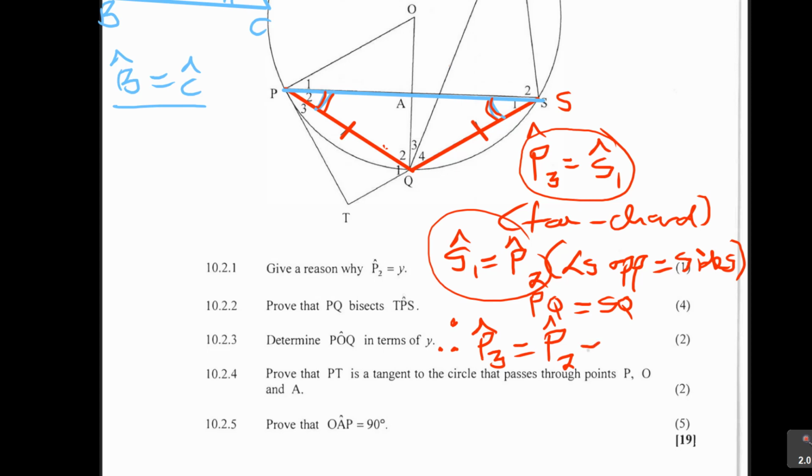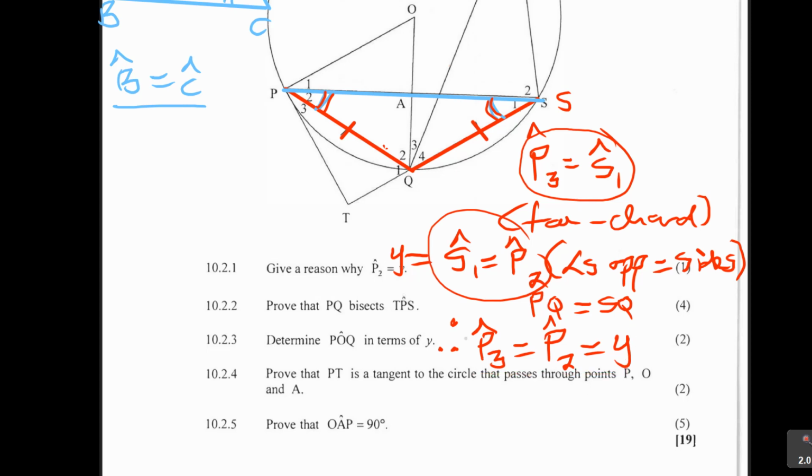And then which is equal to what? Which is equal to Y. So we said S1 was equal to P2. In the first question they said P2 is equal to Y. So you can even conclude here and say Y is equal to S1, which is equal to P2. Okay, so P3 is equal to P2, which is equal to Y.